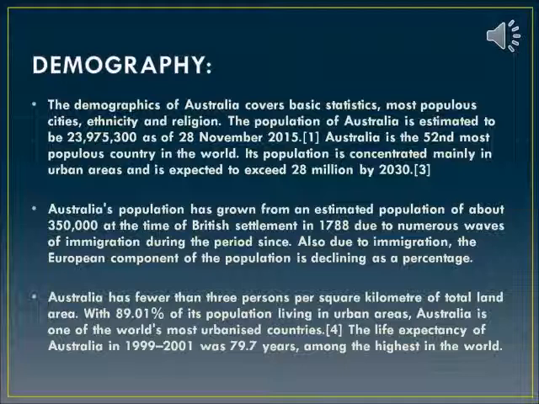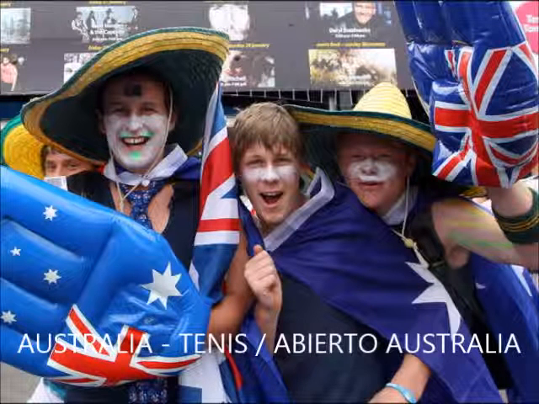Australia is the 52nd most populous country in the world. Its population is concentrated mainly in urban areas and is expected to exceed 28 million by 2030.